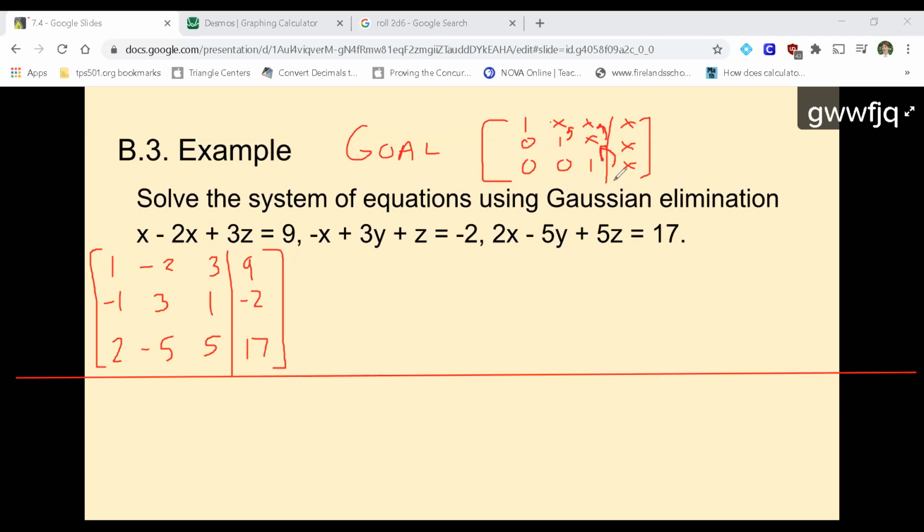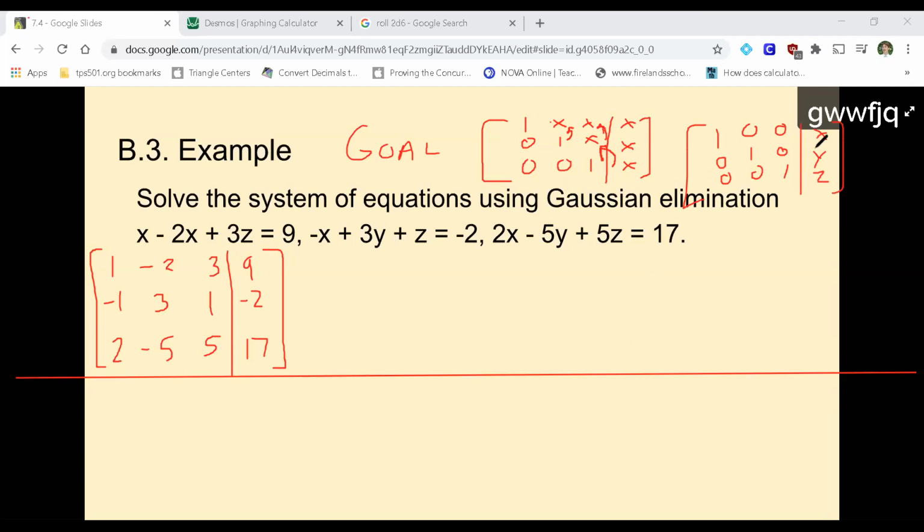So that's one way I can finish out the problem. Once I have it like this, I could use what is called back substitution to take my z solution, use it to find y, take y and z to find x. Or the other option is once you have it like that, you can keep going and eventually get it to look like this. And then you'll be able to get x, y, and z just from reading the column.